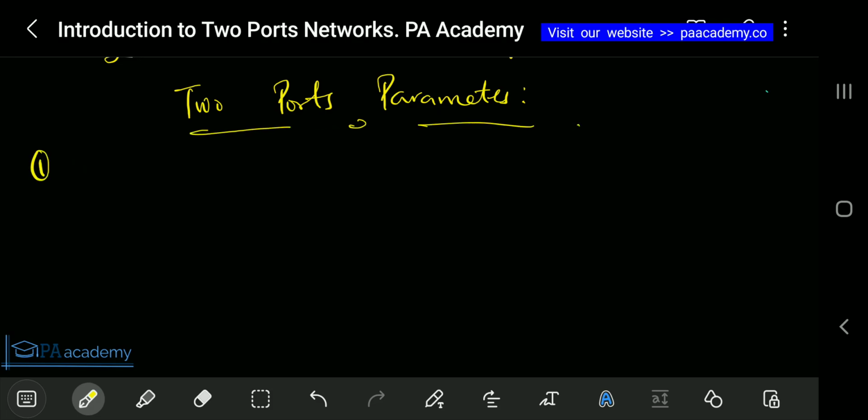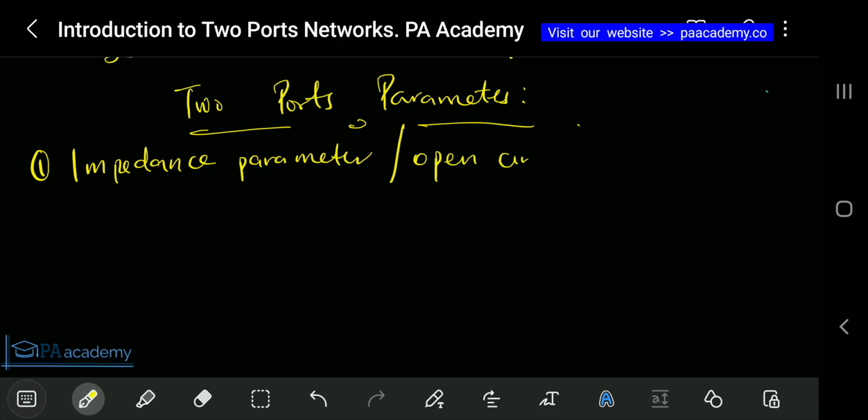Number one, we have the impedance parameter. You can also call it the open circuit parameter, or you can also call it the Z parameter.